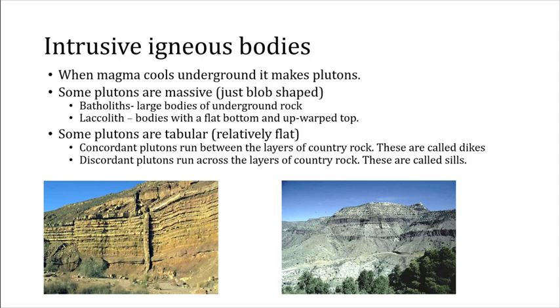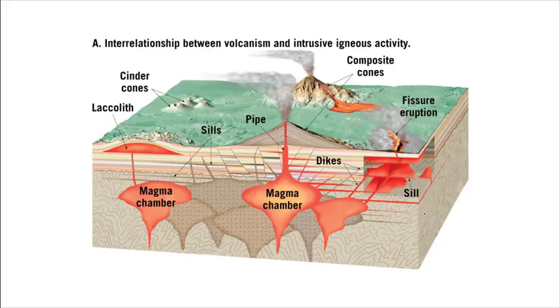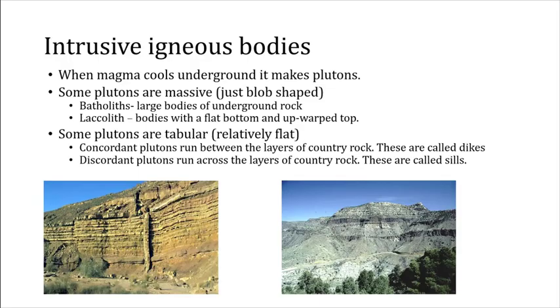So anyway, if we think about bodies underground, some of them are just kind of blob shaped, and I'm going to skip to this picture here where you can see that we've got this magma chamber and this magma chamber and this thing here, these kind of blob shaped plutons, and we have two kinds.